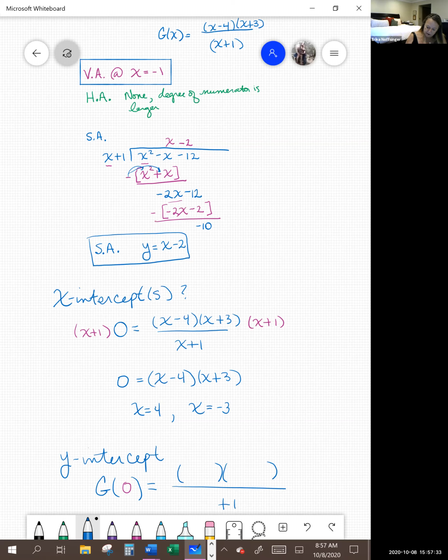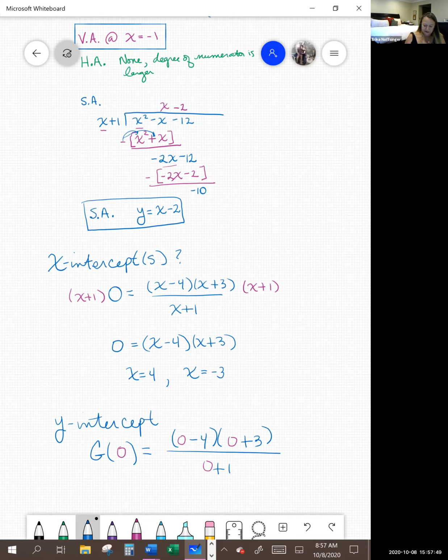So I have 0 minus 4 times 0 plus 3 all over 0 plus 1. So simplify: negative 4 times 3 in the numerator gives us negative 12 all over 1, or negative 12.